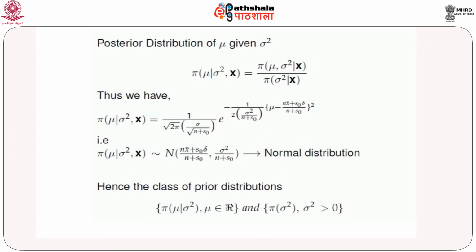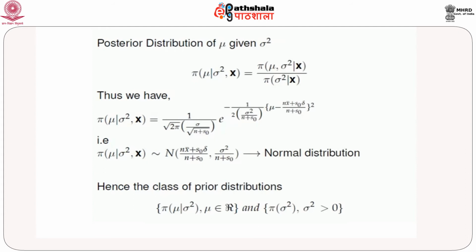With a little bit of calculation, it can be seen that mu given sigma square and the data is normally distributed with the mean (n x bar plus S naught delta) over (n plus S naught) and the variance sigma square over (n plus S naught).